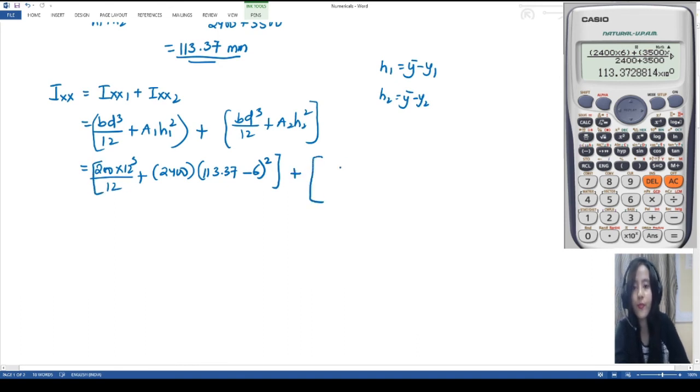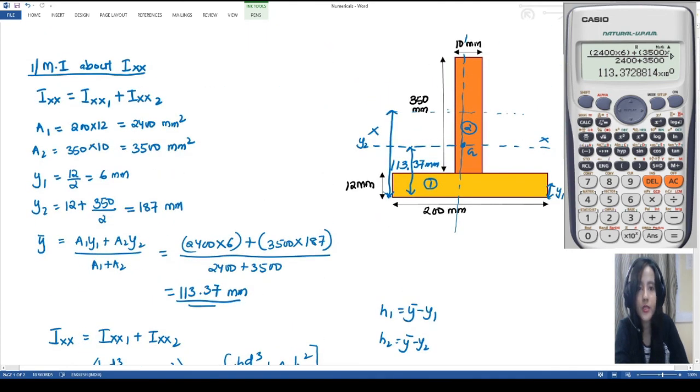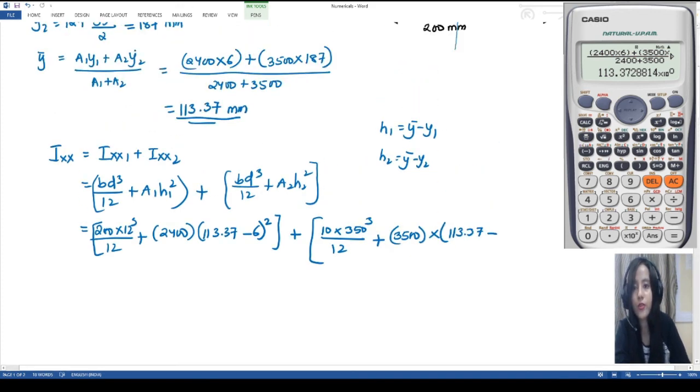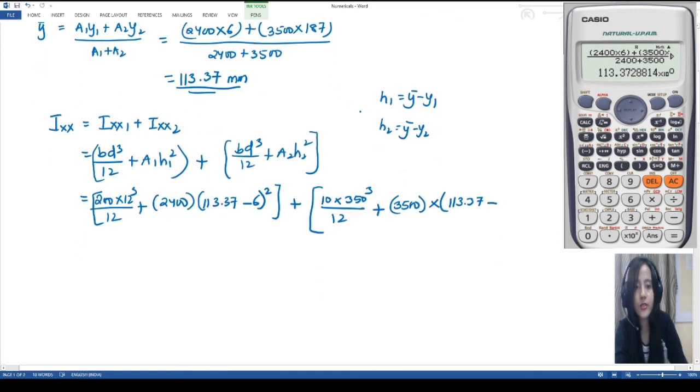For Ixx2, B here is 10, D is 350: 10 into 350 cubed by 12 plus area A2, which was 3500, into y bar 113.37 minus y2, which was 187, squared. Now let us solve this in a calculator.